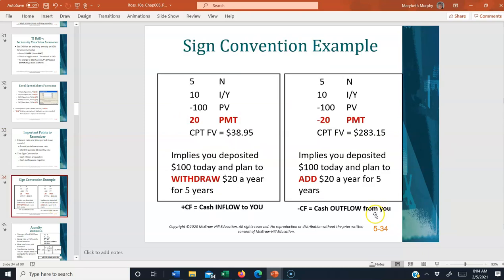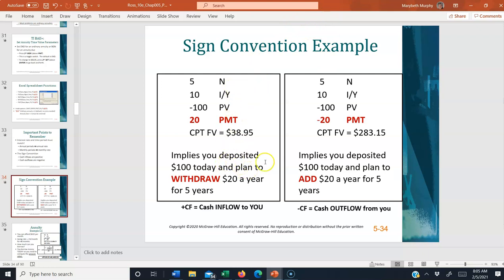Okay, let's go in and do an example. In this particular one, we're going to look at the same values, but in one case, we're going to show it as a cash inflow, and in the other case, as a cash outflow.